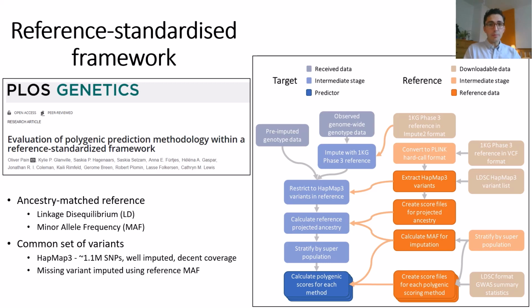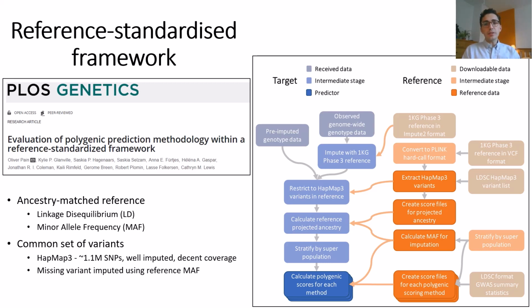In the study, we provide a schematic representation of this reference standardized approach shown in the figure on the right, whereby target genetic data is first imputed if it hasn't been already, then only HapMap3 variants are retained, as these are typically well imputed and provide decent coverage of the genome, and then the sample is split into ancestral superpopulations determined by comparison to the 1000 Genomes phase 3 reference. And lastly, polygenic scores are then calculated based on GWAS summary statistics processed in advance using a GWAS ancestry matched reference.